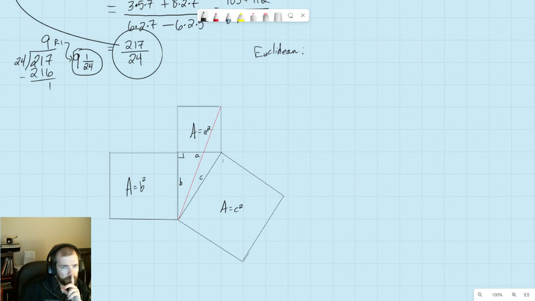Interior angle formula. Who discovered the interior angle formula?